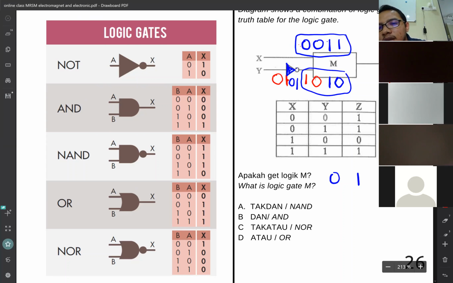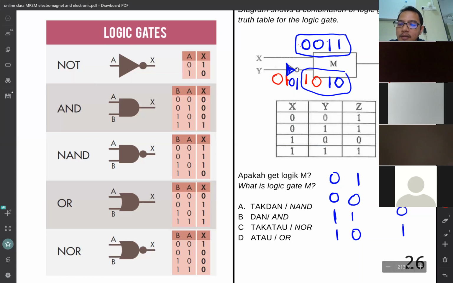And then they said that 0 and 0 you get 1. 1 and 1 you get 0, but 1 and 0 you get 1. Okay. So if you have an output like this, meaning this is either none or no. Okay, either none or no.